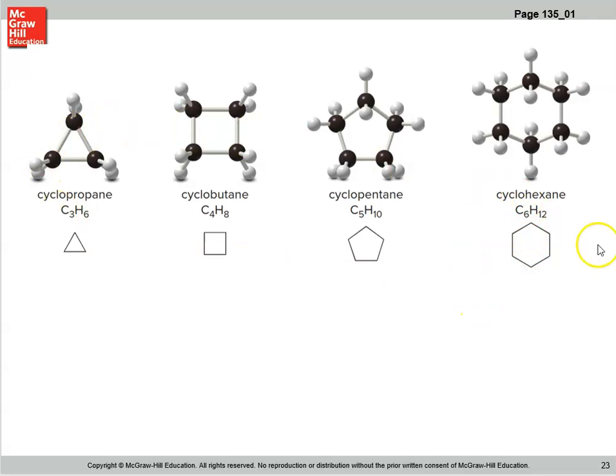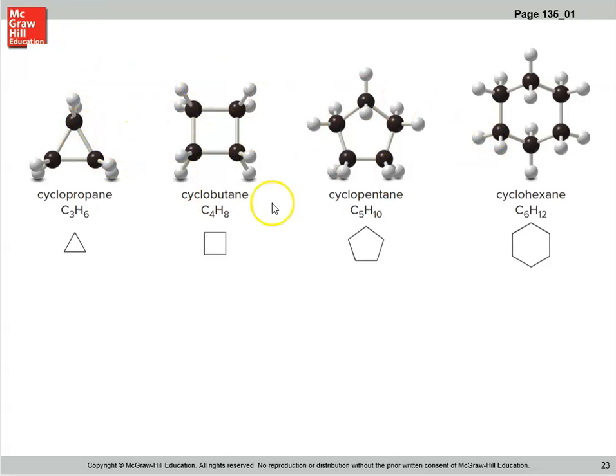Especially the cyclohexane and cyclopentane, we see more of those structures found in biological compounds, because the bond angles for the cyclohexane is actually 109.5, just as it is in a straight chain carbon group. We get smaller and smaller bond angles, and that's going to change some of the chemistry that might be happening with these compounds.